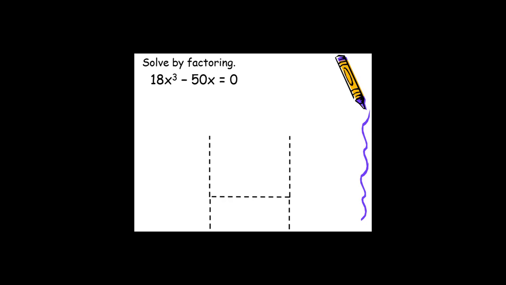Let's solve by factoring. We can GCF factor first by factoring out a 2x. We now have the difference of squares, which can be factored as 2x times the quantity 3x plus 5 times the quantity 3x minus 5 is equal to 0. We'll set the first factor equal to 0 and solve.